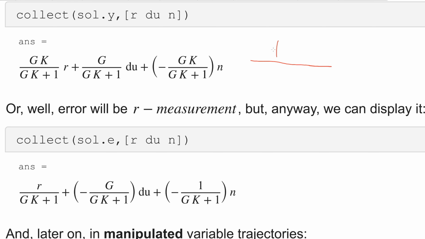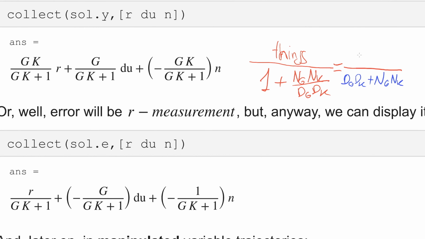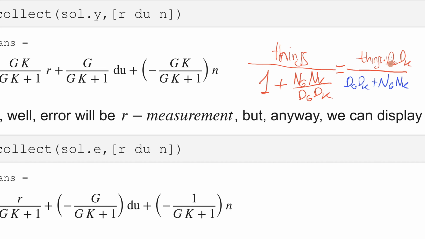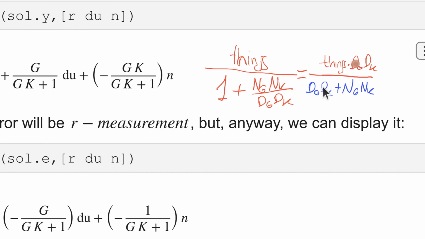So I have some things in the numerators, and I have here 1 plus numerator of G, numerator of K, over denominator of G, denominator of K, and then after multiplying up and down by this DG DK, I would get some things on the top of the fraction, and this actual polynomial is a denominator whose roots equal to 0 will be the closed loop poles.